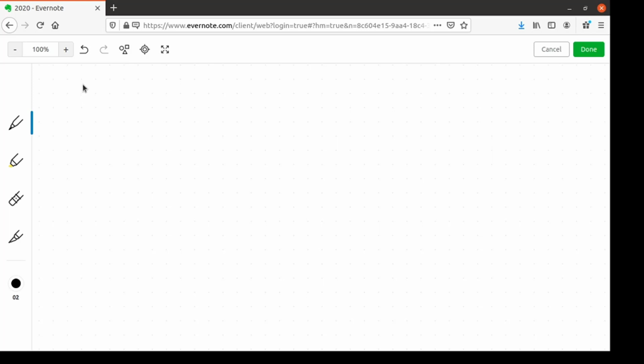We'll now start solving the problem. I'll first write down the given values. So the rated voltage V equals 250 volts. The armature resistance RA equals 0.2 ohms. The shunt field resistance RSH equals 100 ohms.